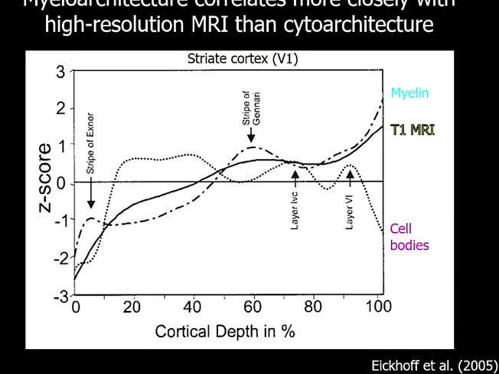What's interesting about this, since everyone else in this session is going to talk about MRI, is that if you look at how the definition of something like cortical depth fares when using something like T1-based MRI imaging, and how it stacks up against the same definition being made with a myelin stain or with a cell body stain, I hope that what you can see from this study at least is that the thing that correlates the best is the thing we talk about least often, which is the myelin stain.